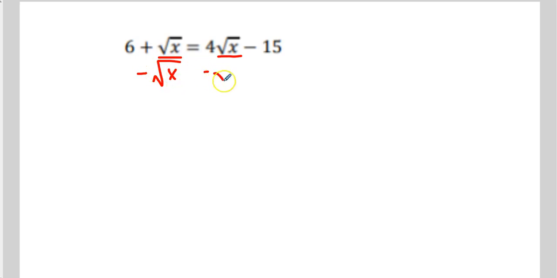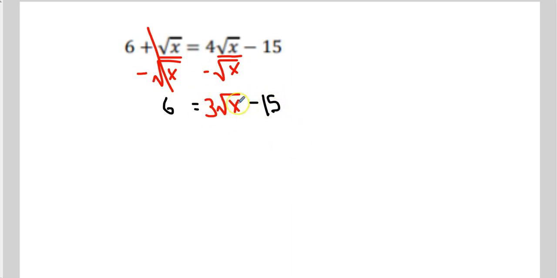So we'll have minus square root of x on both sides. Square root of x minus square root of x cancels out, goes away. 4 square root of x minus square root of x, well, 4 minus 1 gives us 3 square root of x. Okay, and everything else stays the same.